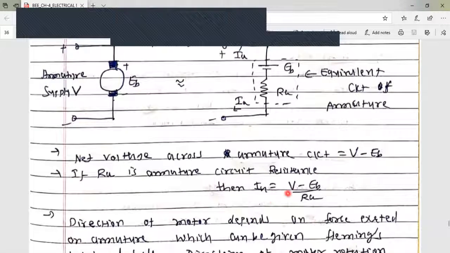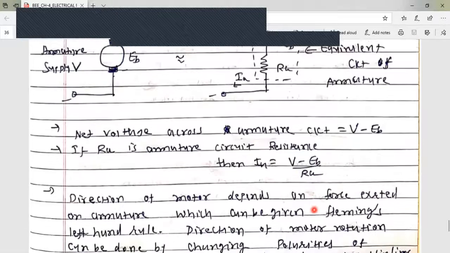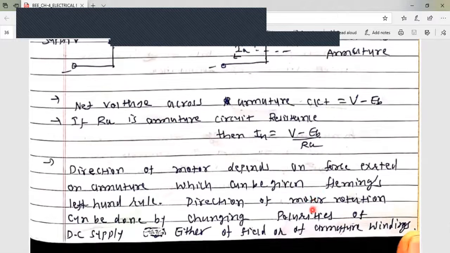So the armature current is given by V minus EB upon RA. The direction of rotation depends on the force exerted on the armature, which can be given by Fleming's left-hand rule. And the direction of motor rotation can be changed by changing the polarities of the DC supply.